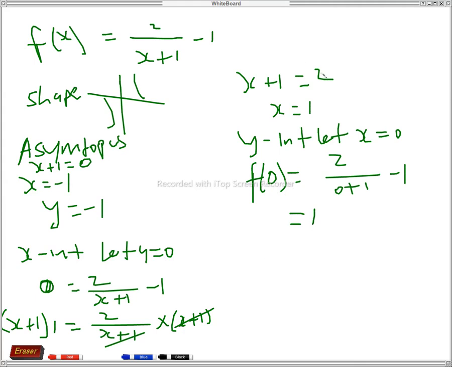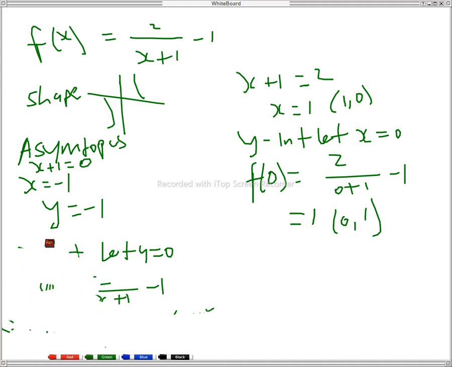Let me write my coordinates here: 1 and 0, and here is 0 and 1. These are the coordinates, and therefore we are done determining everything that is important. I will just erase here because I don't have enough space, as long as I have my coordinates.